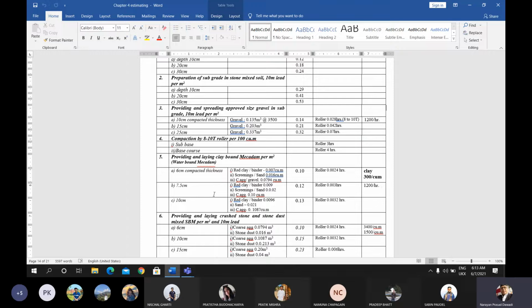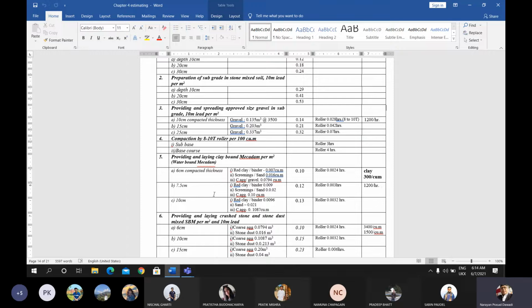The red clay also helps to interlock the coarse aggregate with each other, so it acts as the binding of the aggregates that is being compacted. This is called clay bound macadam because the binding material used is red clay. Sometimes the water is also used here, and the compaction is carried out.